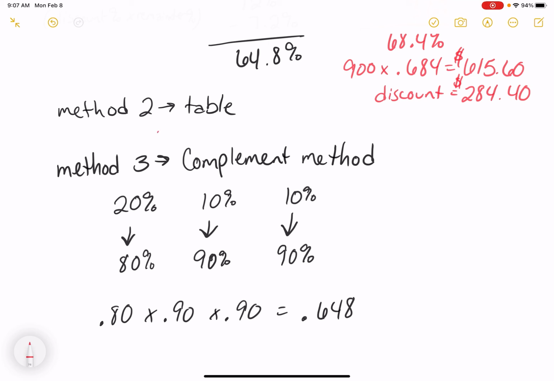All right, next one, D, table method for a series discount of 30%, 5%, 5%, for a list price of $34.16. What is my single discount equivalent using the table? 0.63175.